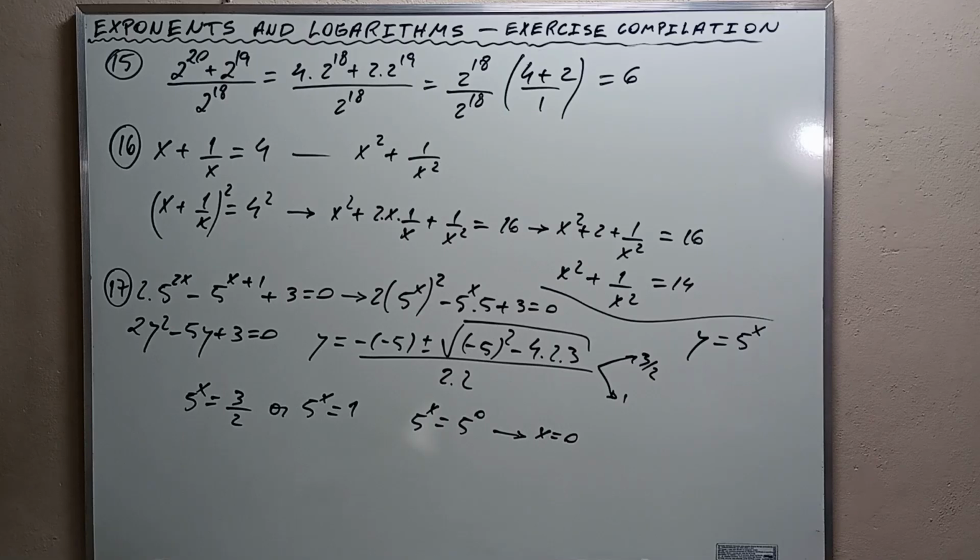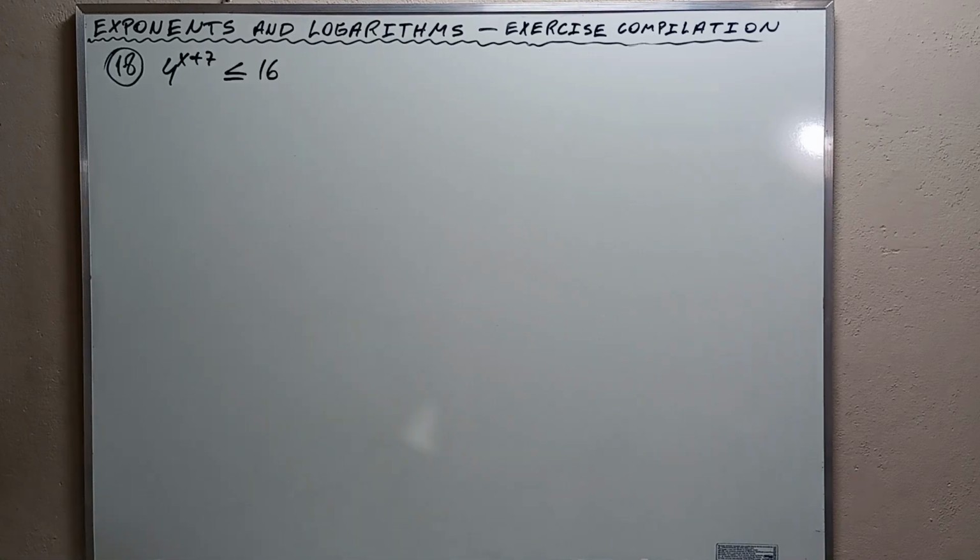Okay, my friends, let's go to the last exercise of exponentiation and jump to the logarithm. Now the last exercise of exponentiation, exercise 18: what is the solution set of the inequality 4 raised to the power of x plus 7 less than or equal to 16?